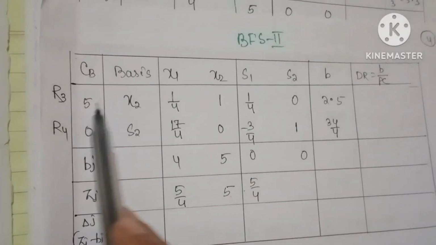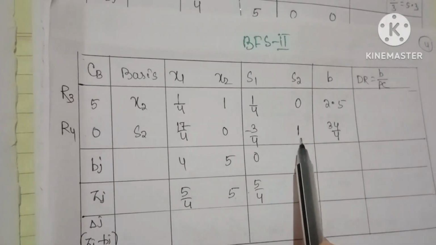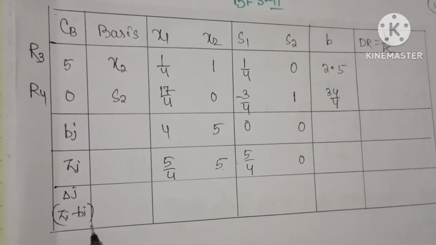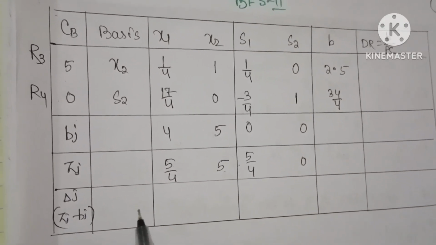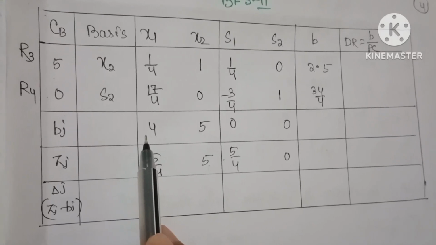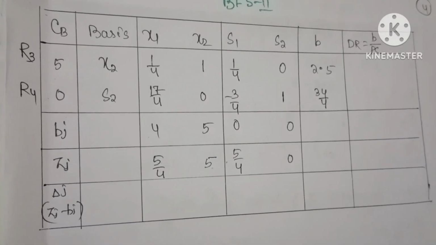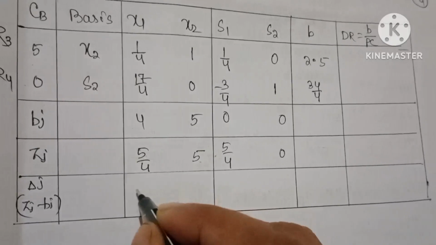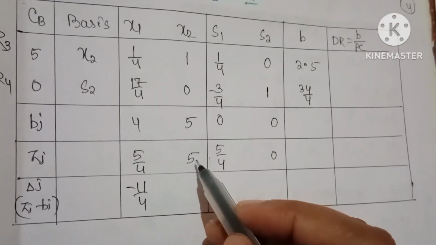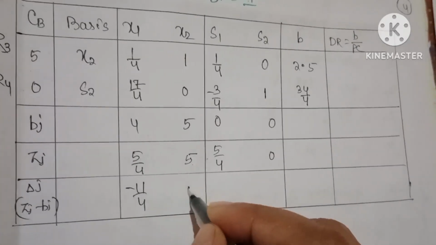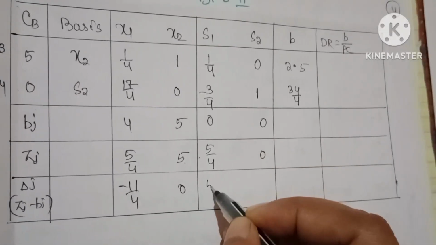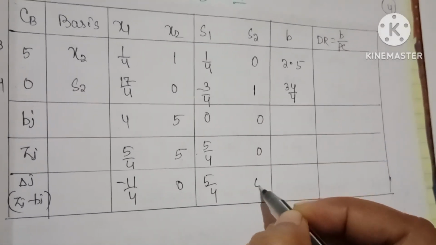The next is 5 into 0 plus 0 into 1, so this equals 0. Then we will calculate the values of the indicator row. The formula is this one minus this one. So 5 by 4 minus 4 equals minus 11 by 4. The next is 5 minus 5 equals 0. Next 5 by 4 minus 0 equals 5 by 4. And here it is 0.